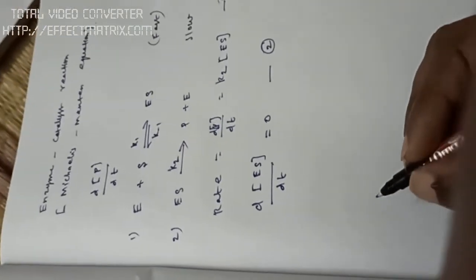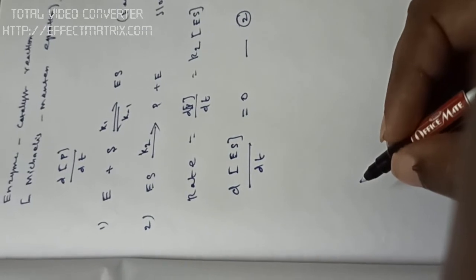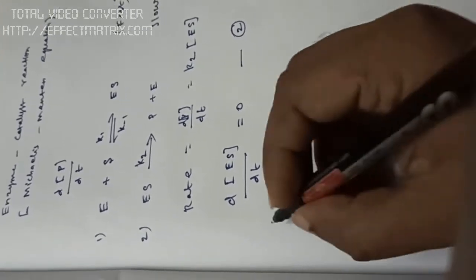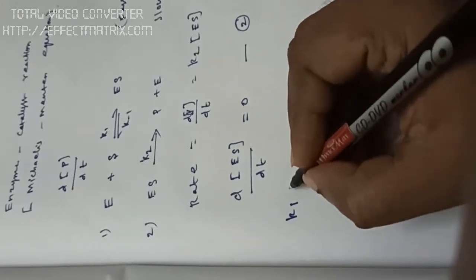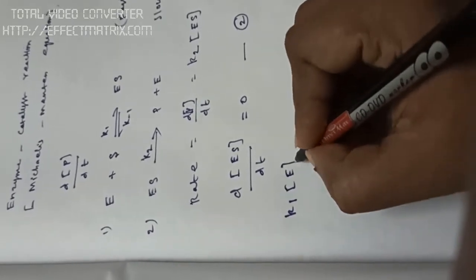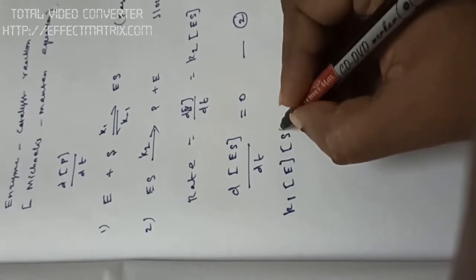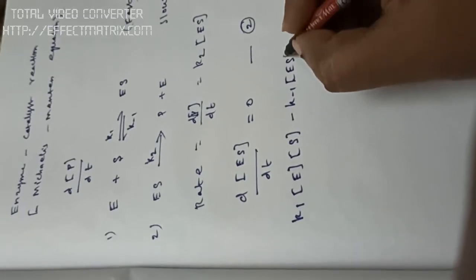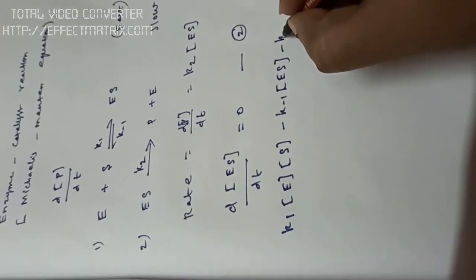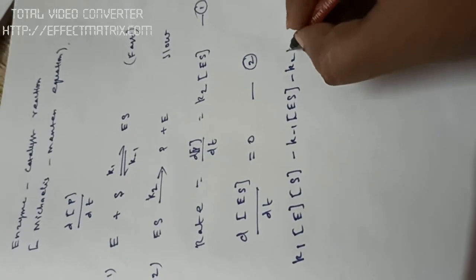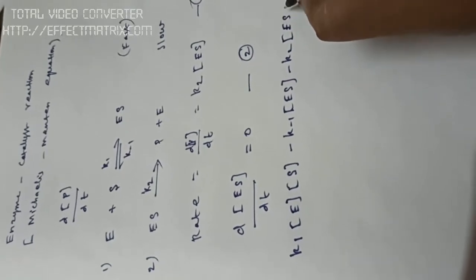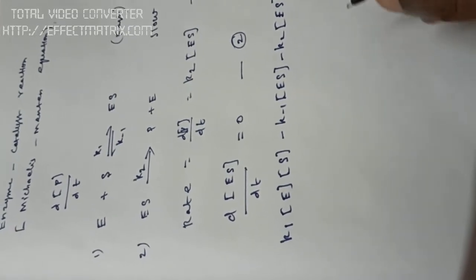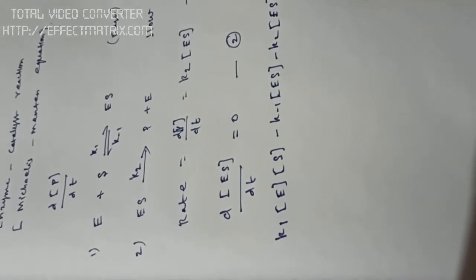Now apply the steady state approximation to the enzyme substrate complex. K1 concentration of enzyme times substrate, minus K minus 1 concentration of enzyme substrate complex, minus K2 concentration of enzyme substrate complex, is equivalent to 0. Equation 3.